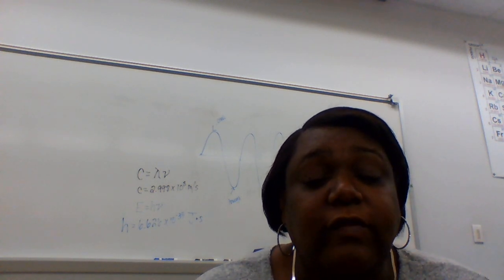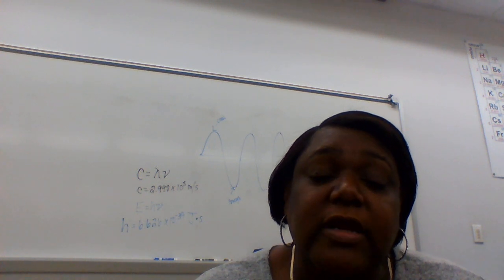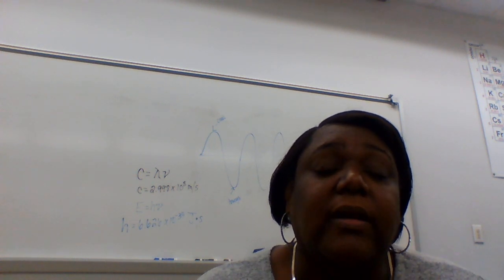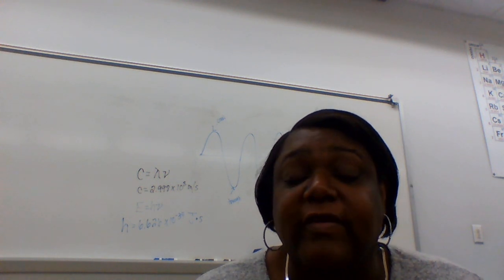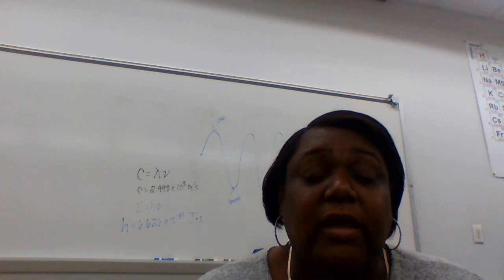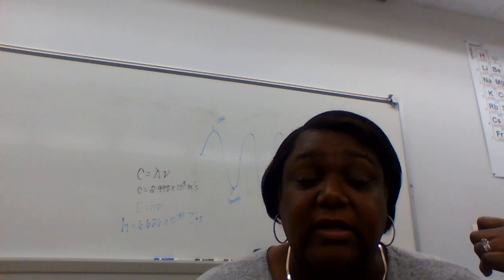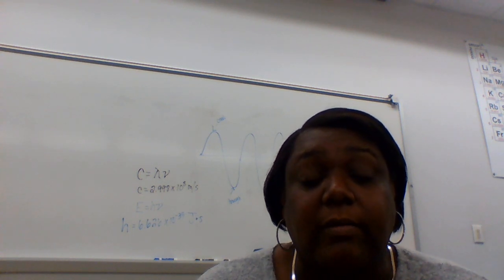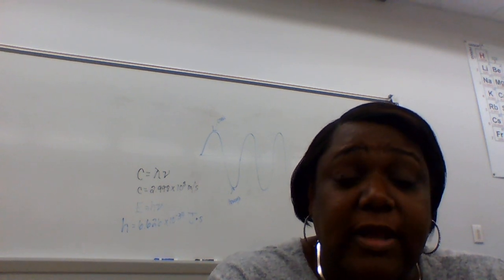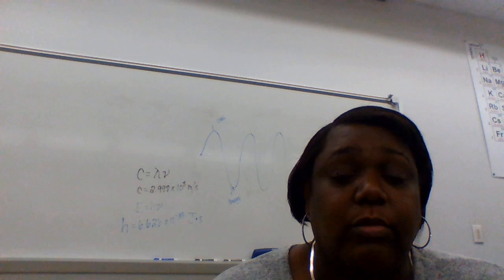Our columns 1 and 2 actually represent our S sublevel. Our columns 13 through 18 represent our P sublevel. Our columns 3 through 12 represent our D sublevel. And then any electron that's located in an F sublevel is going to be one that's in the rows that are down at the bottom of the periodic table. All right, so again, sublevel depends on where the element is located on the periodic table.